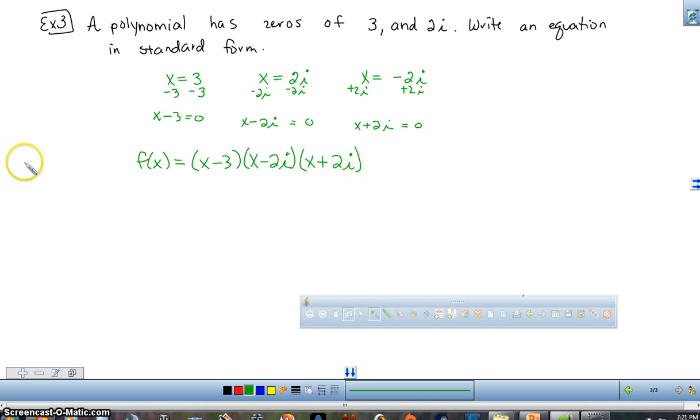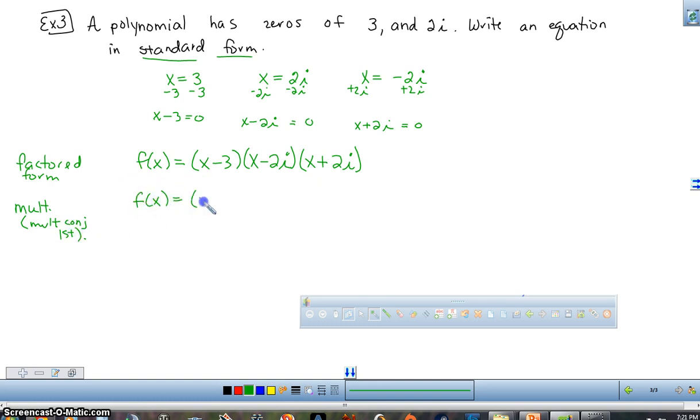So this is factored form, and they want it in standard form, so we're going to have to multiply this together. Do yourself a favor and multiply the two conjugates together first. It just makes life so much easier on yourself.